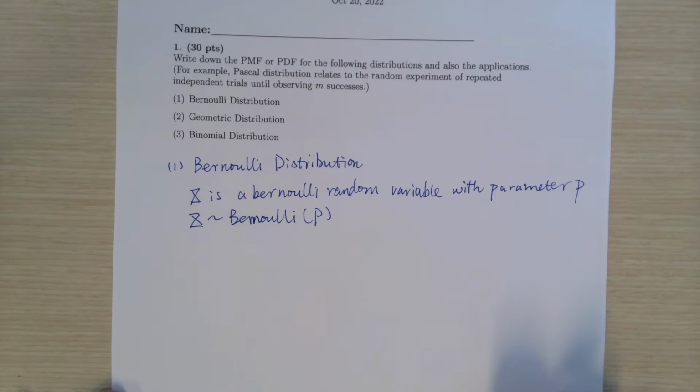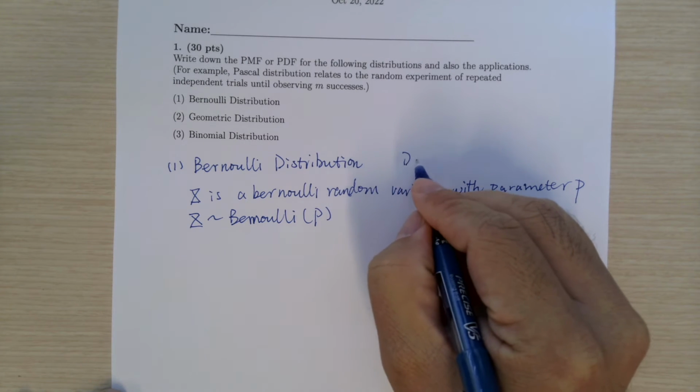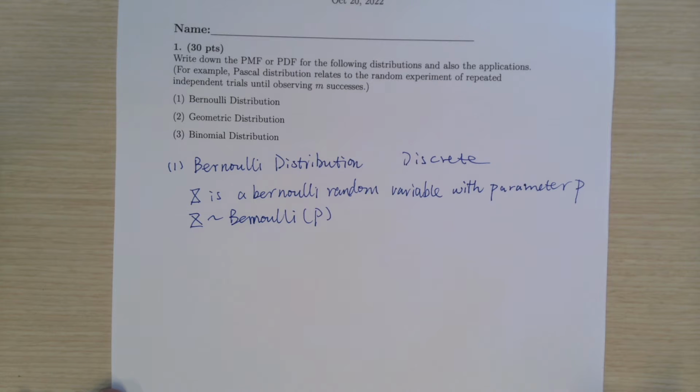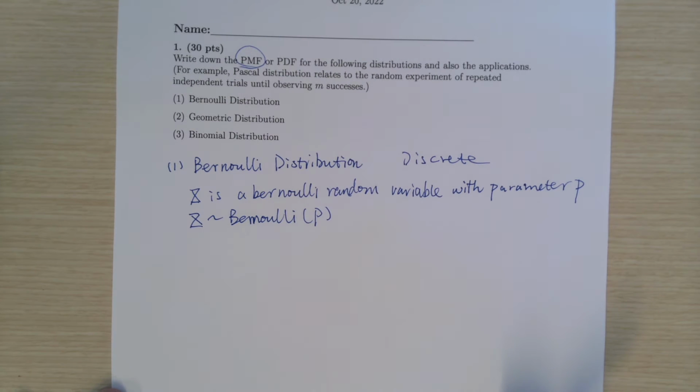Since this is a discrete random variable, correspondingly it has a probability mass function.